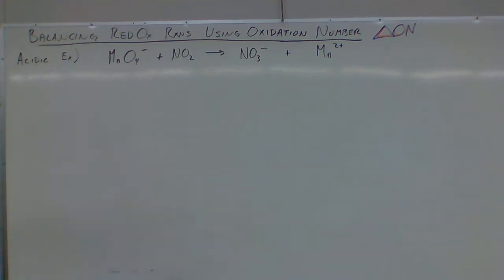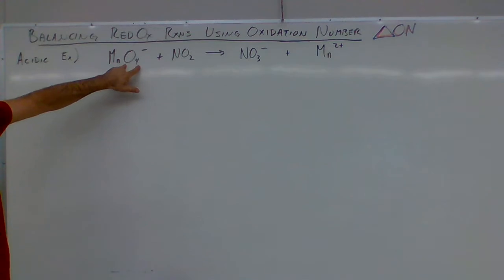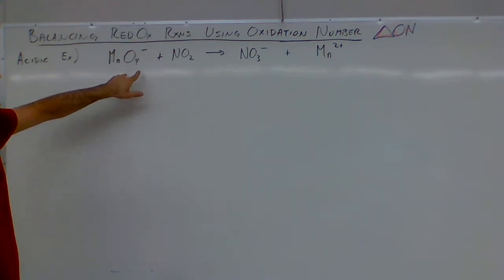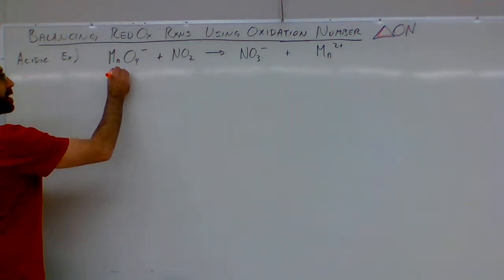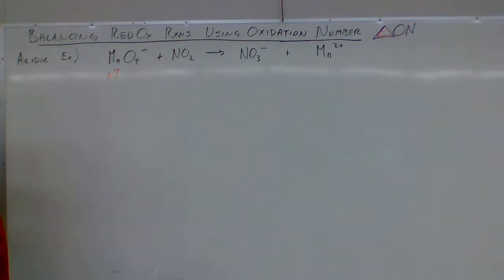numbers are. Start with our MnO4 minus. I have 4 oxygens, which is a -8. If my entire thing has to add up to a -1, that means I have a +7 charge on my manganese.